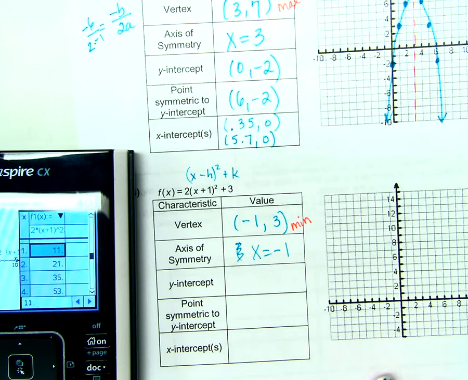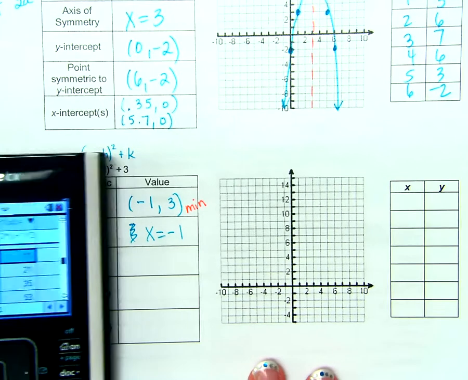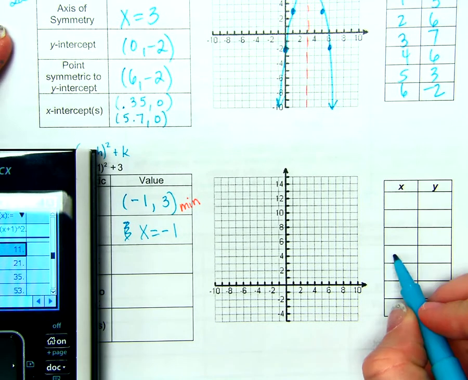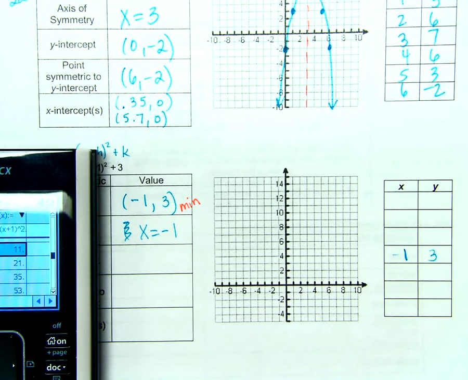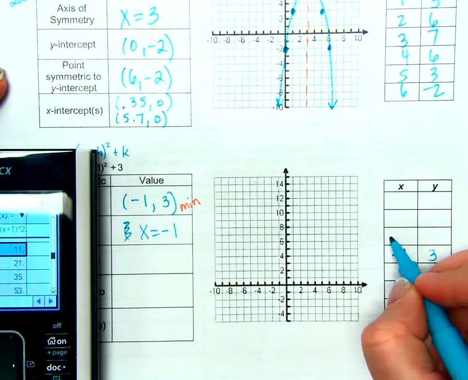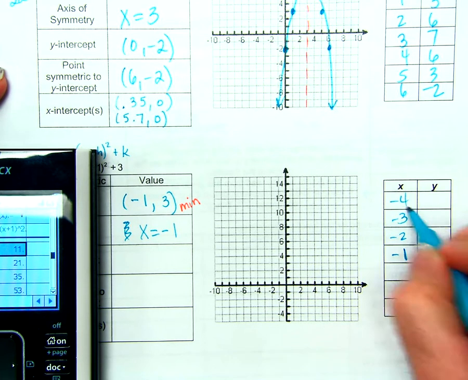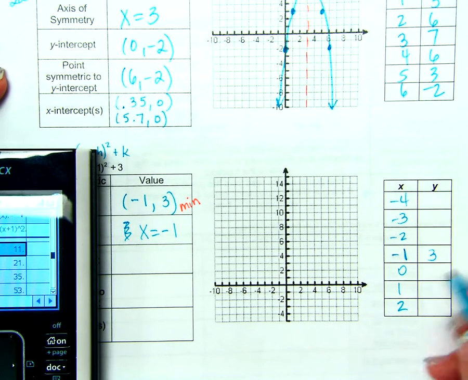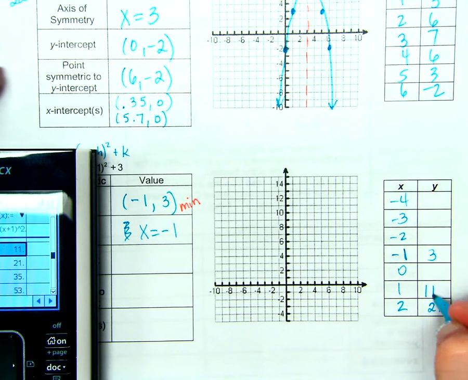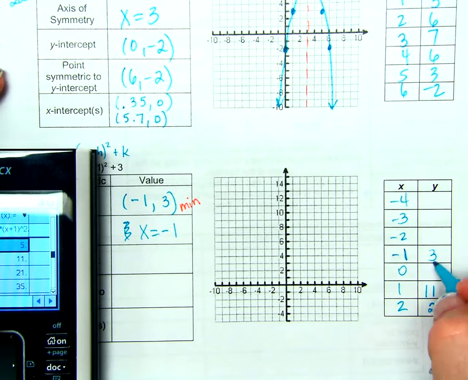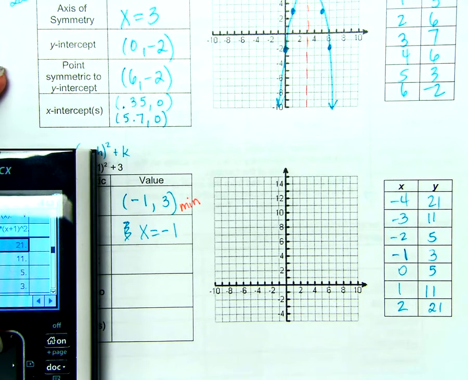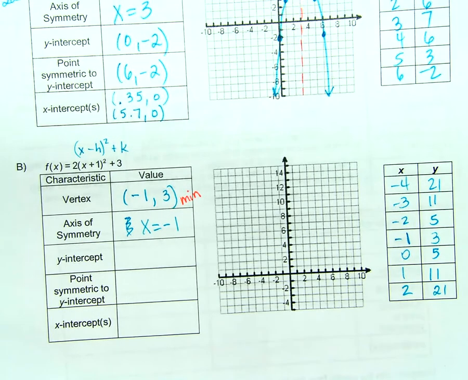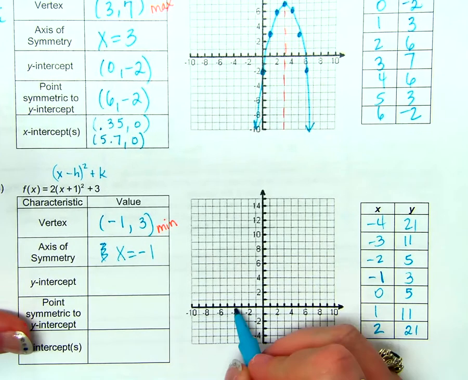But where's my vertex going to go in the table? In the middle, right? Regardless of what direction you go, when you get to the table, go ahead and put your vertex in the middle. Then I'm going to plot mine.